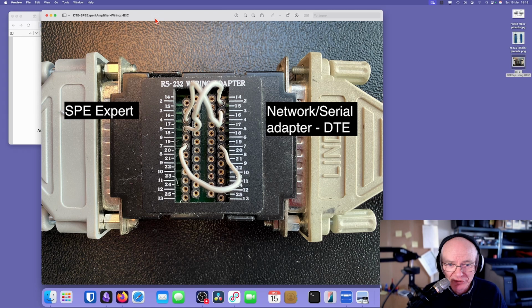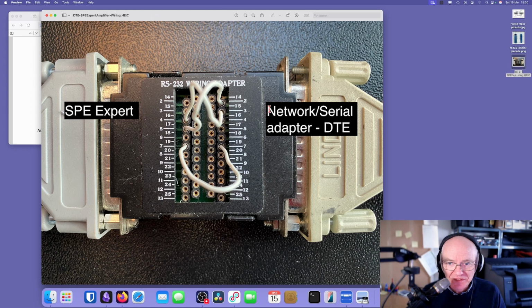Now, what I really must stress here is this is a 25-pin connector. And therefore, the actual pinouts are slightly different to a 9-pin connector, and therefore it gets confusing. But essentially, there are 3 wires that you need on this serial cable. It's transmit data, receive data, and a signal ground connection.